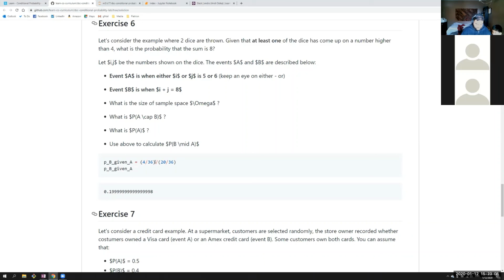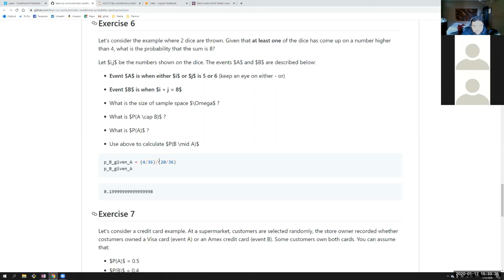Let's see now. 4 over 36 divided by probability of A, so A and B is 4 over 36.